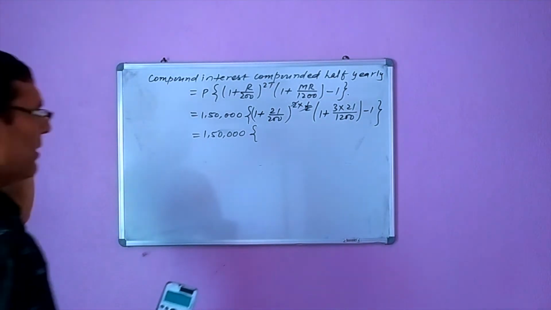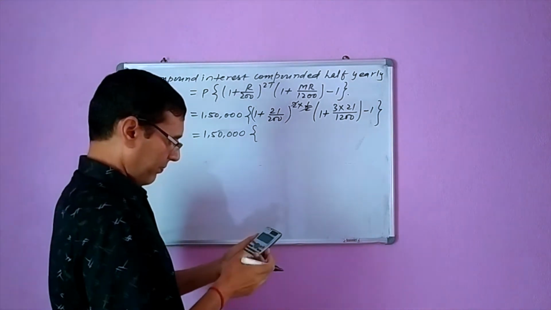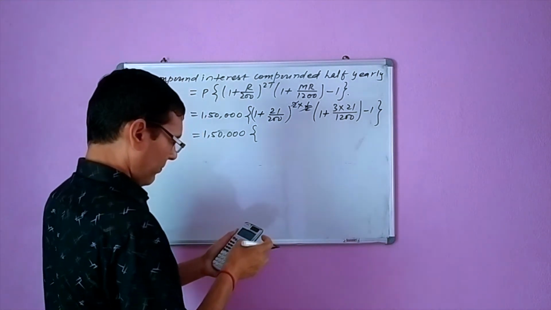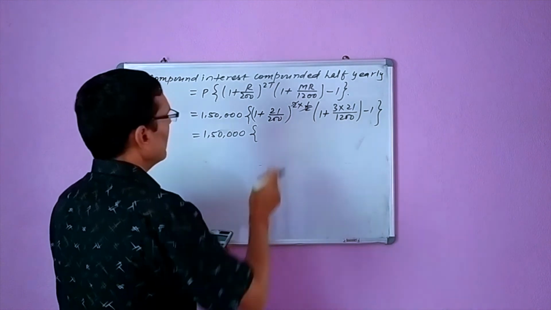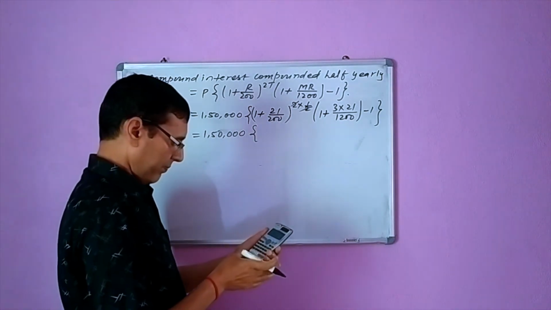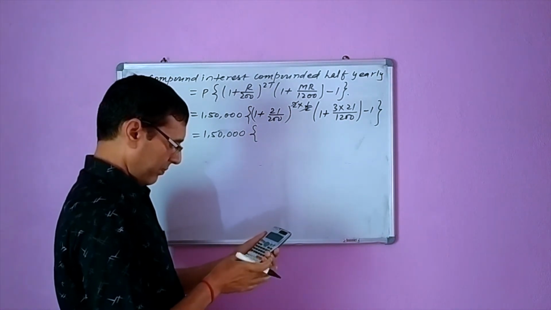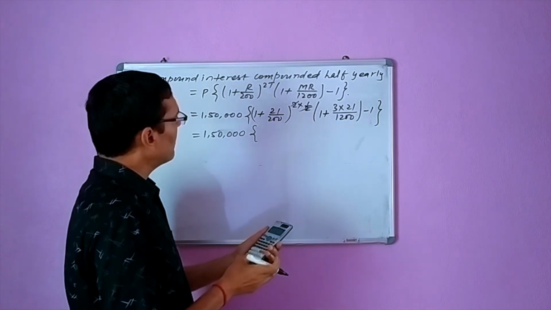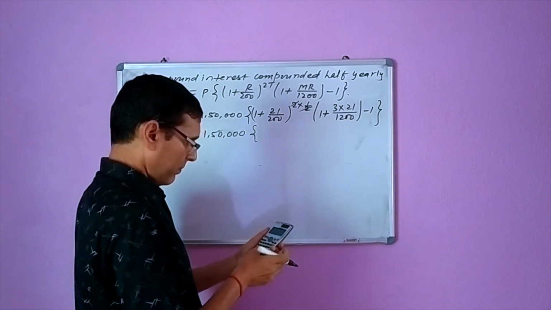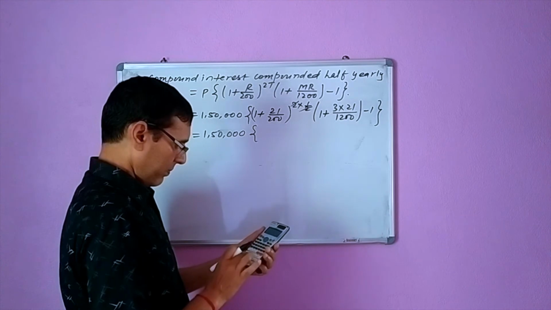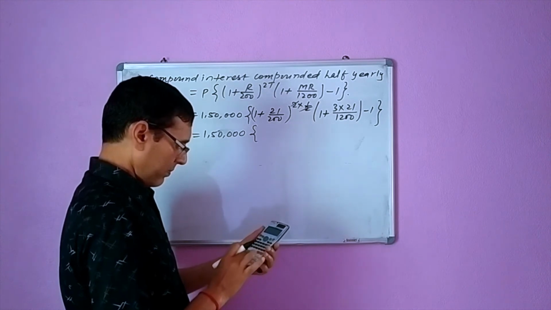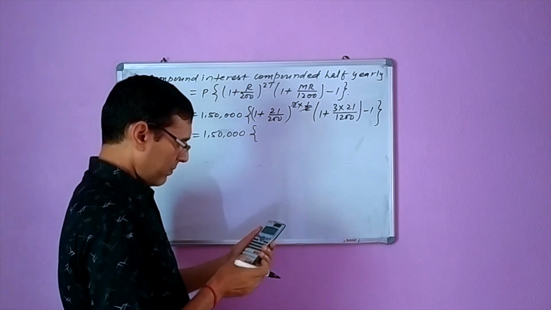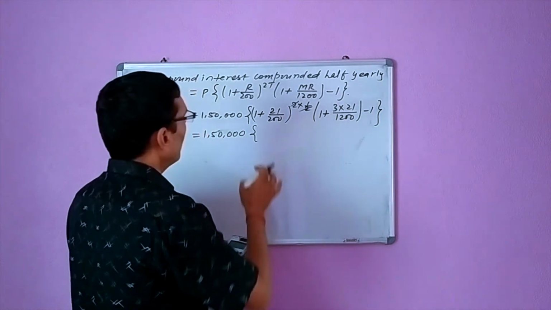Now calculating this, we get 21 divided by 200 plus 1.